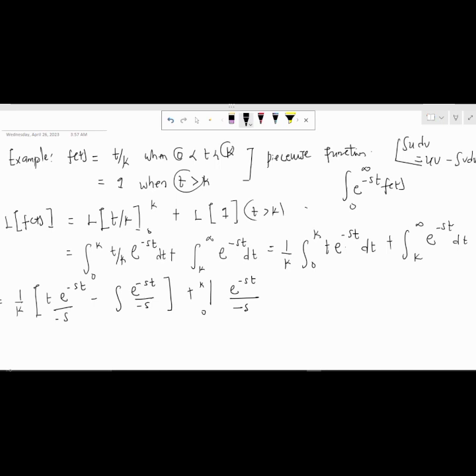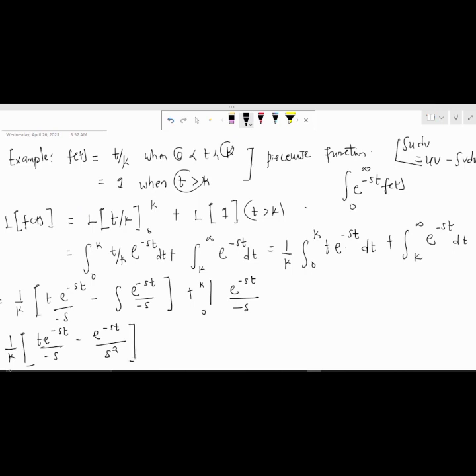So let's continue. We have 1 over k. We have t e raised to the power minus st over minus s. Then integrating this again, we have minus e raised to the power minus st all over s squared, because we're going to have minus s times minus s, so we have s squared.